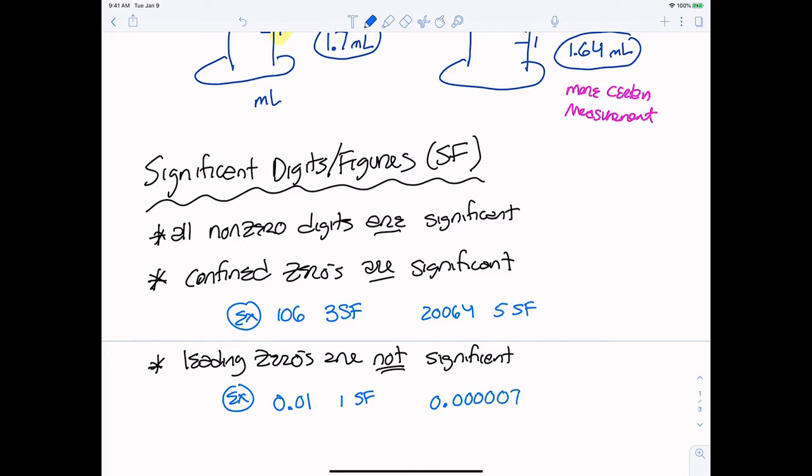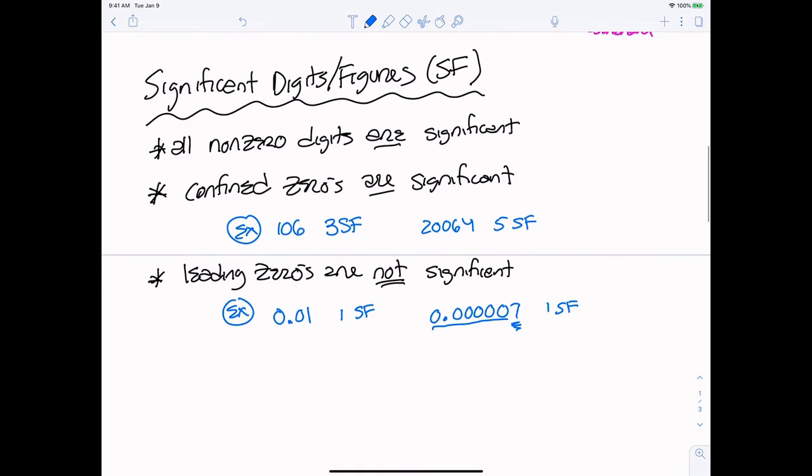0.000007. Again, those zeros that come before non-zero digits are not significant. So this, again, only has one significant digit, right? All of these here are not significant. Only the 7 is. 0.002046.